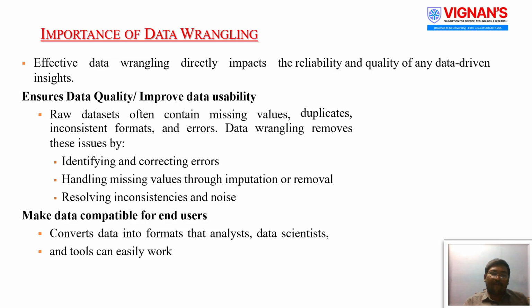If left unaddressed, these issues can significantly affect analysis results. So, data wrangling resolves these problems by identifying and correcting errors, handling missing values through techniques such as imputation or removal, and resolving inconsistencies and noise within the data.